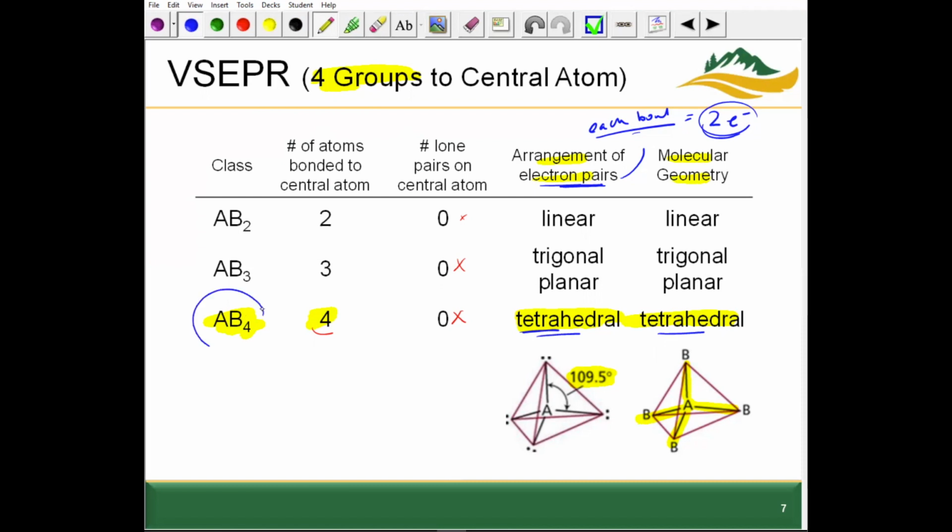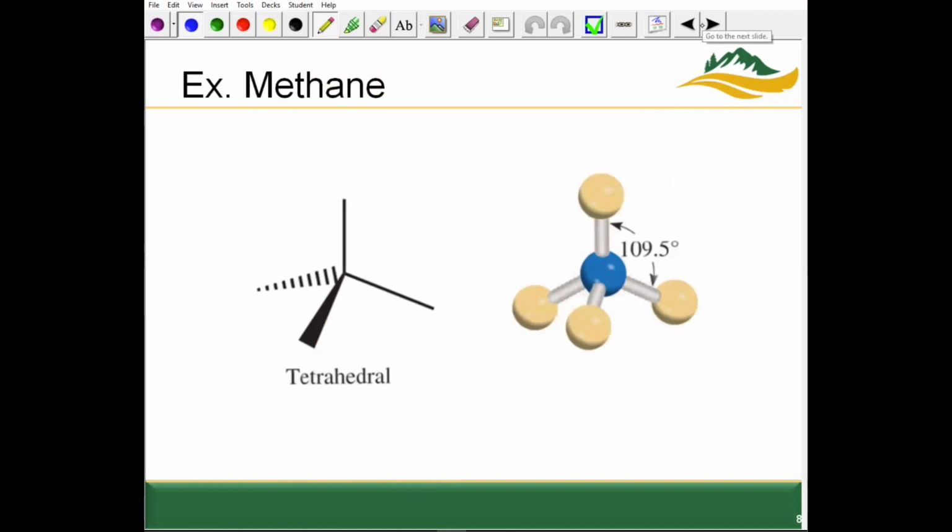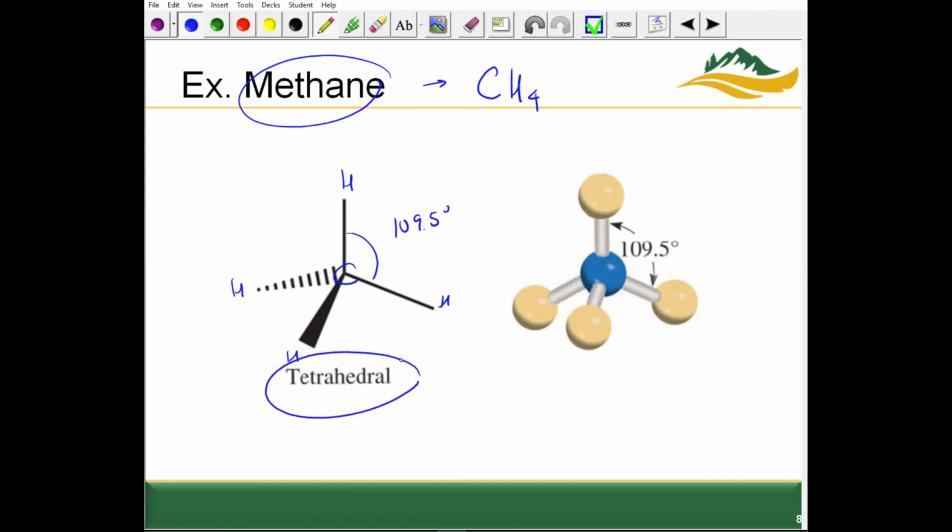An example of this class of AB4 would be methane. The chemical formula for methane is CH4, carbon in the middle, then 4 hydrogens coming off of the central carbon. That bond angle there is 109.5 degrees. We call this tetrahedral geometry.